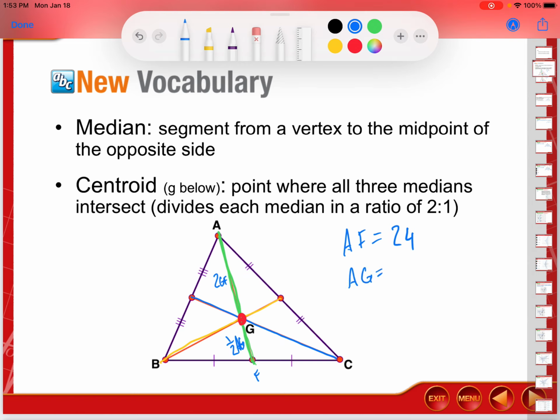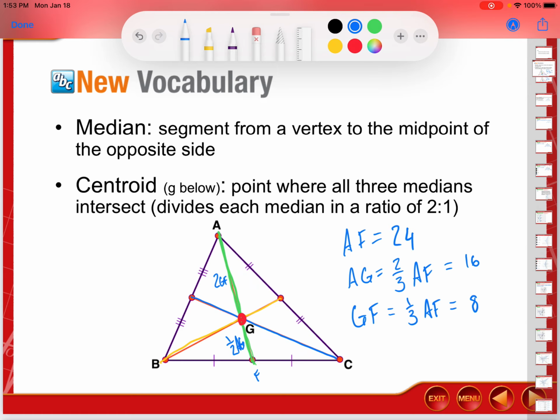Then we know AG is going to be 2/3 of AF, and GF is going to be 1/3 of AF. So the top is 2/3 of it, the bottom is 1/3 of it, and we could find all these individual lengths, which AG would end up being 16, and GF would end up being 8.